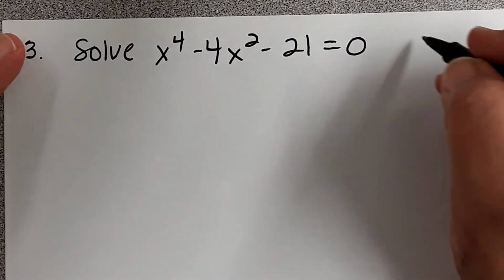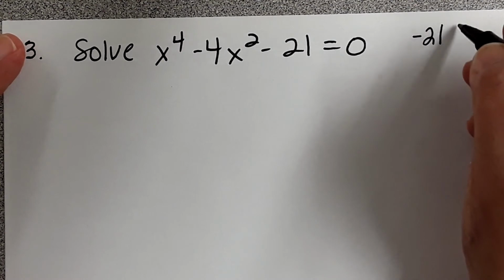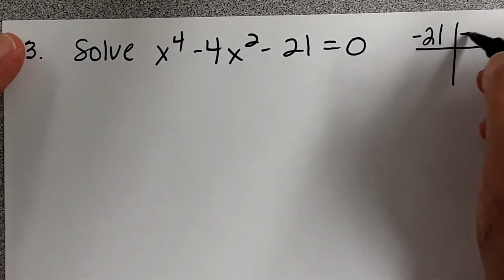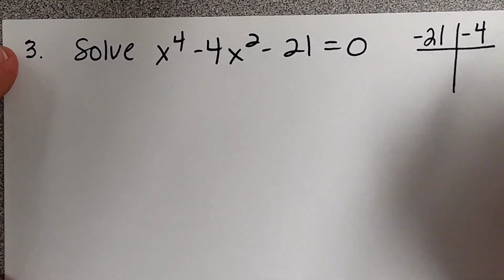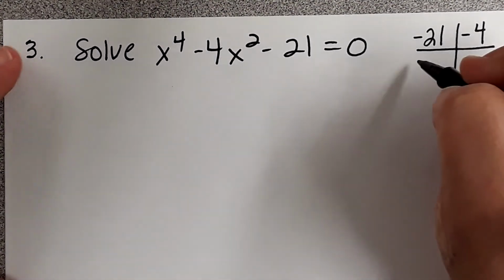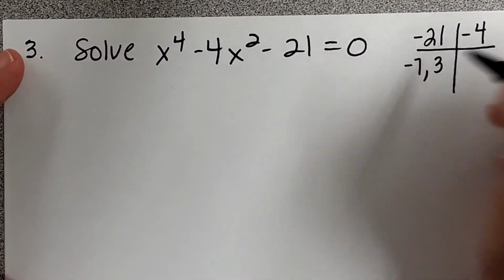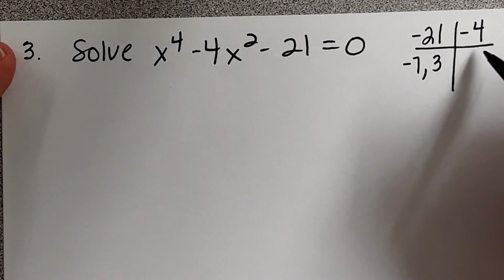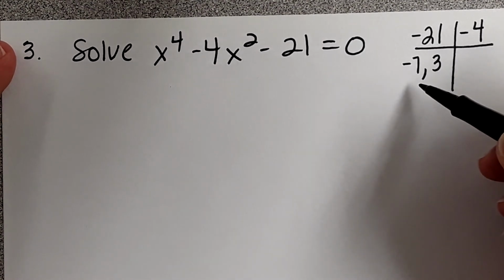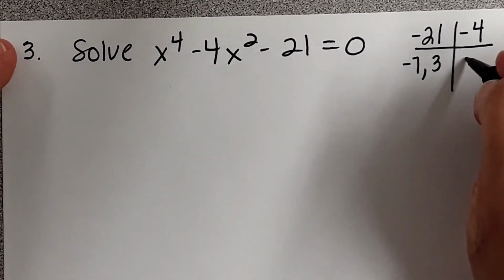So I'm looking for two numbers that when I multiply, I get negative 21. And when I add them, I get negative 4. So what are two numbers you can multiply to get negative 21? Negative 7 times 3. Why did you pick 7 to be the negative? Because the b was negative, so the larger number needs to be negative. Negative 7 plus 3 is negative 4.